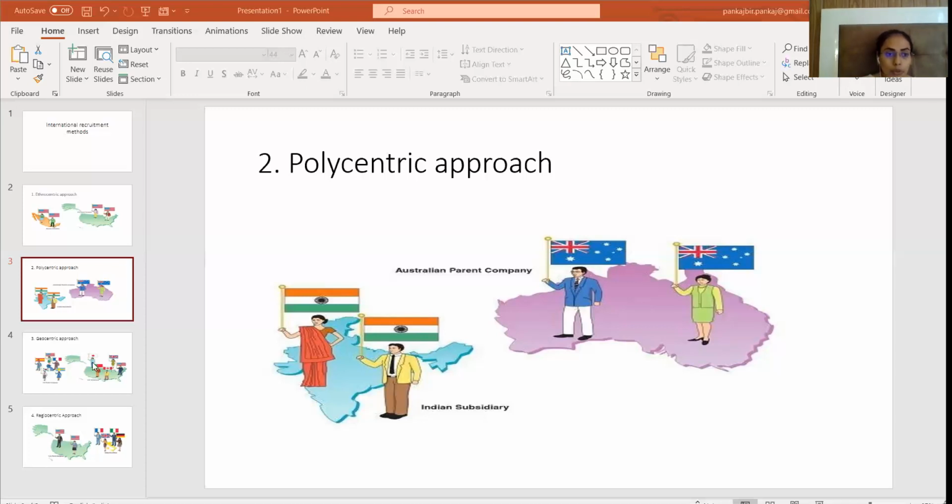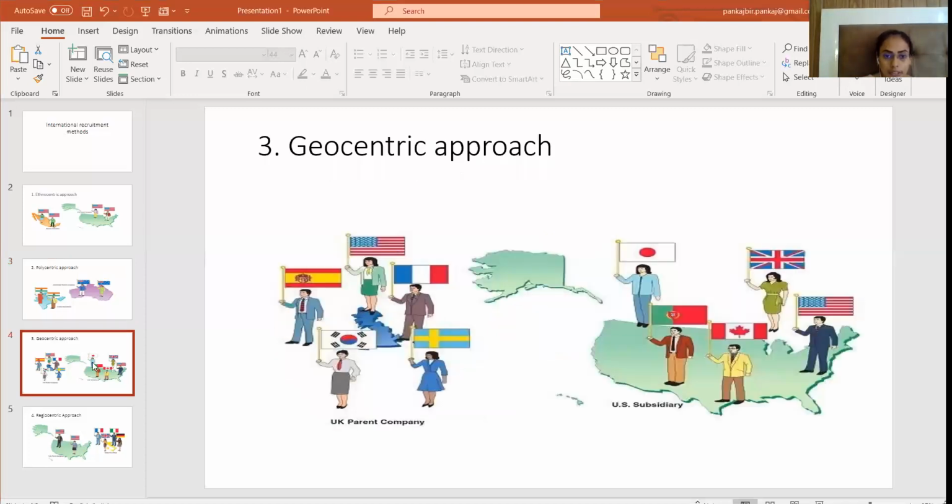Now we move on to geocentric, which is the third kind of approach to recruiting internationally. When a company adopts the strategy of recruiting the most suitable person for the position available in the organization, irrespective of their nationality, it is called the geocentric approach.